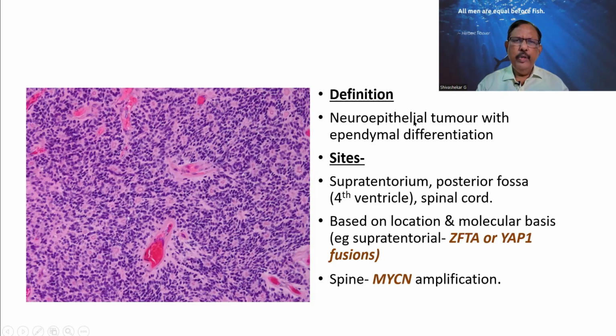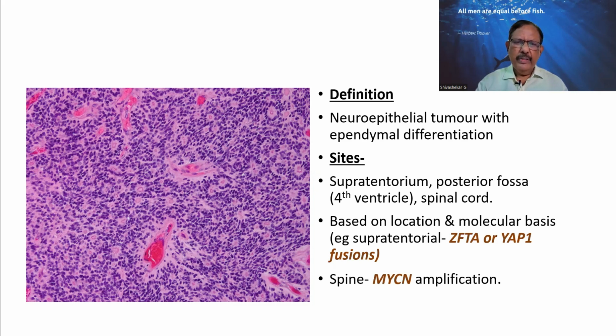Definition: it is a neuroepithelial tumor with ependymal differentiation. And what is this ependymal differentiation? It is a layer of cell that covers the ventricles. If it is going to be the choroid plexus, there is slightly different cell.